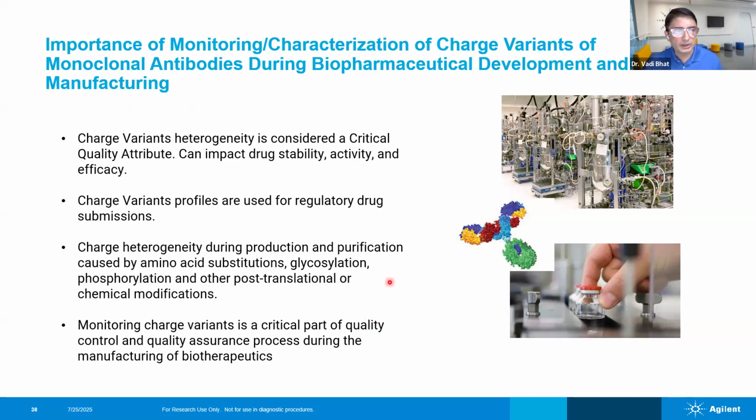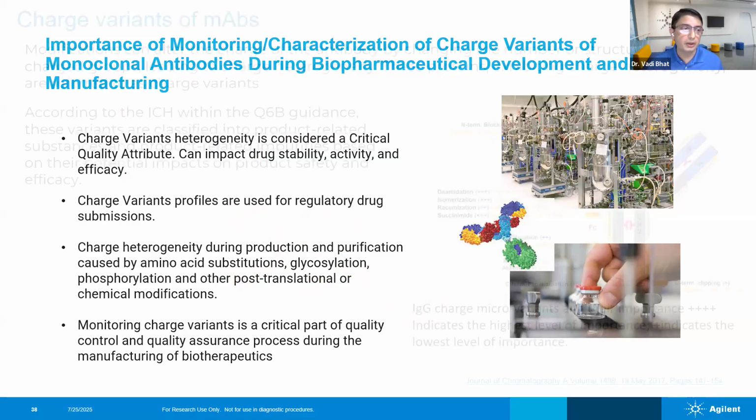with the interest of time, I may go a little bit faster here, but these slides will be available for you. So charge variants are important, and of course, charge is based on your basic and acidic amino acids, and of course, any PTMs and glycosylation and other modifications can cause variations in the charge, right?